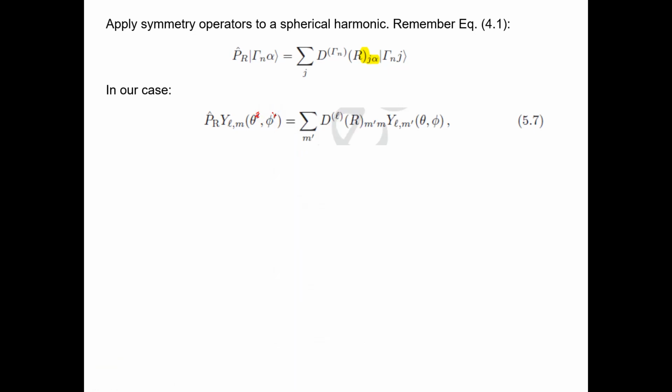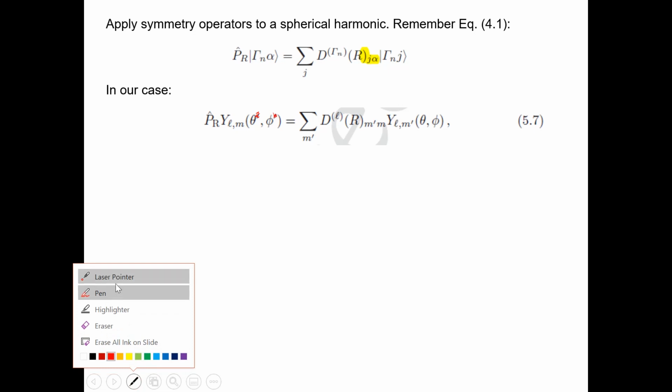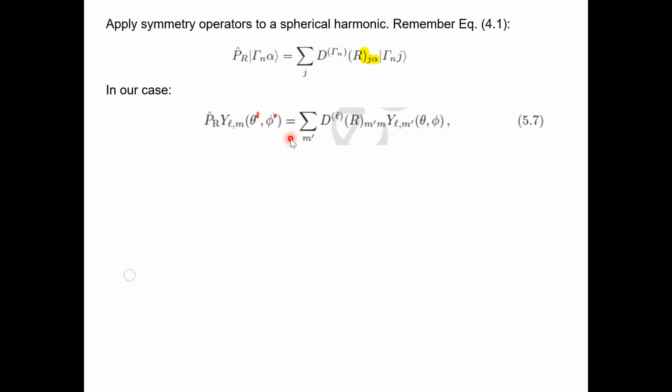So when I apply a symmetry operation, for instance, a rotation to a certain spherical harmonic, the result will be a linear combination.